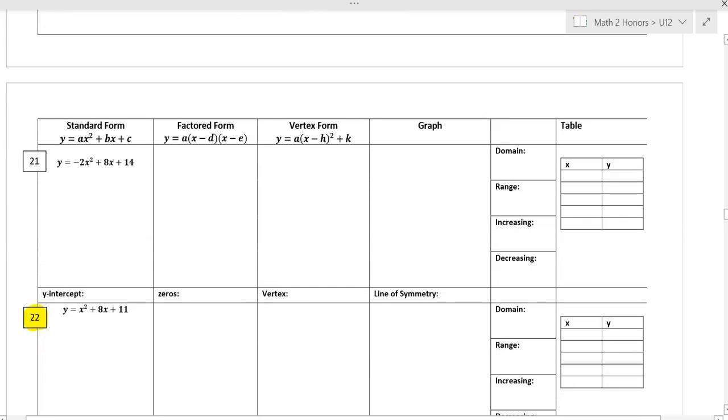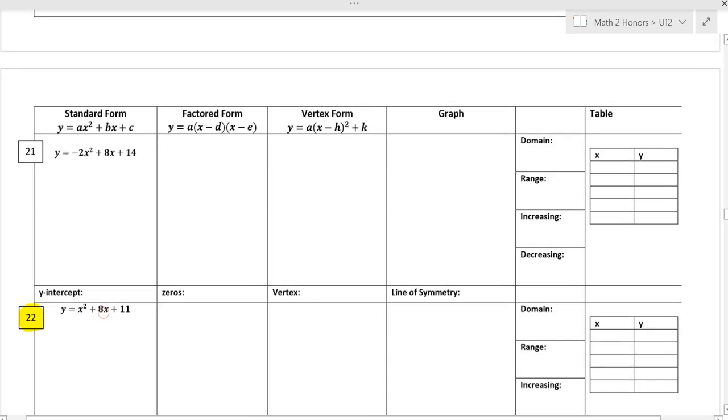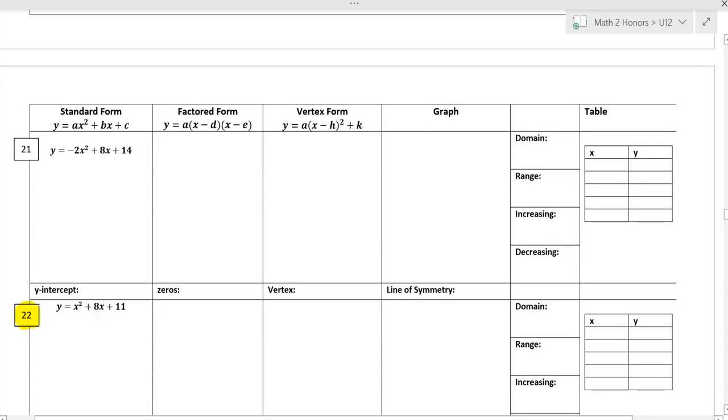Alright, let's take a look at number 21. So 21, I'll try to factor. First I'm going to factor out a -2. And we'll put x squared minus 4x minus 7.